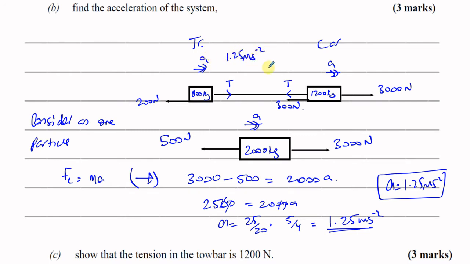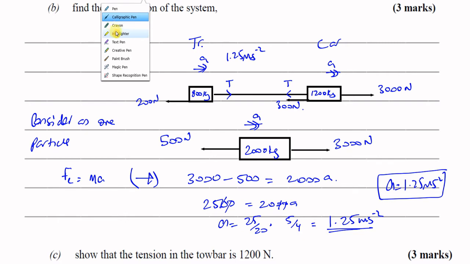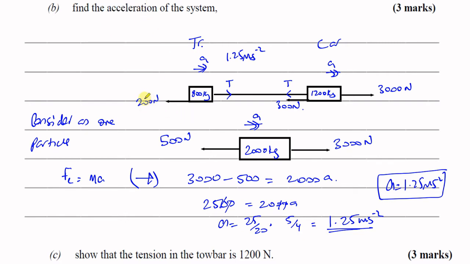So if I consider, for example, just the trailer, the reason why I'm considering just the trailer is because there's less forces acting on it. Then I'll be able to find the tension in the string because I have now everything except this. So I'm going to think about just the forces acting on the trailer alone.